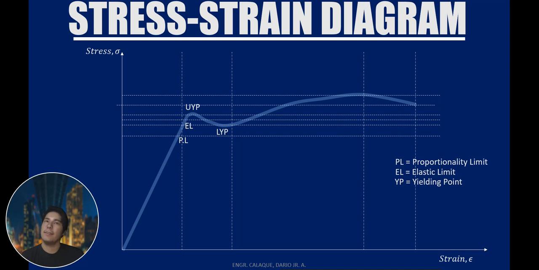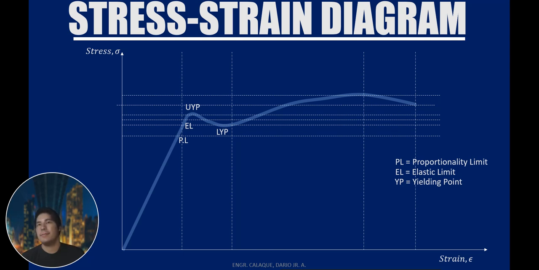Or yung paper clip. So, yung paper clip, if you don't apply too much force on a paper clip, di talaga siya nag-deform. So, that is elastic yielding, no? Or under pa yan sa PL or EL. Pero when we applied too much force on a paper clip, and then nakita natin na deform na siya, no, because we apply too much force of it.